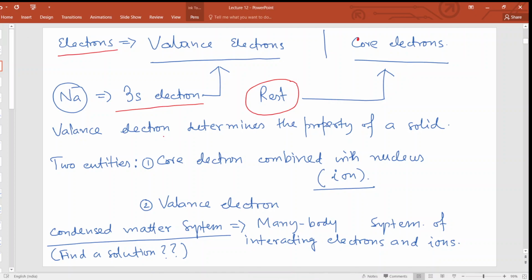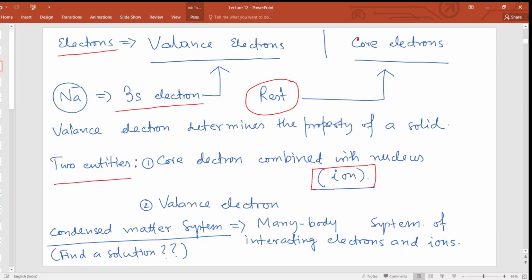Now, as I just said, valence electrons determine the property of a solid. Now, the core electrons can combine with the nucleus, and we call that entity an ion. And then we have the valence electron.